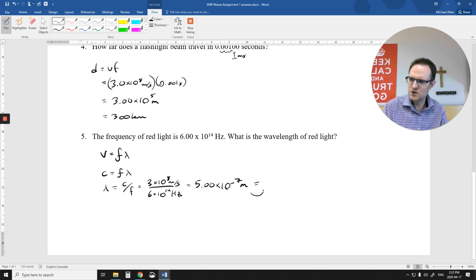To change that to nanometers, I'm going to divide by 10 to the negative 9, because that's how many meters are in every nanometer. You can just look that up on your formula sheet. The reason we're using nanometers here is because that makes this a nice number. So this ends up being 500 nanometers. There you go.